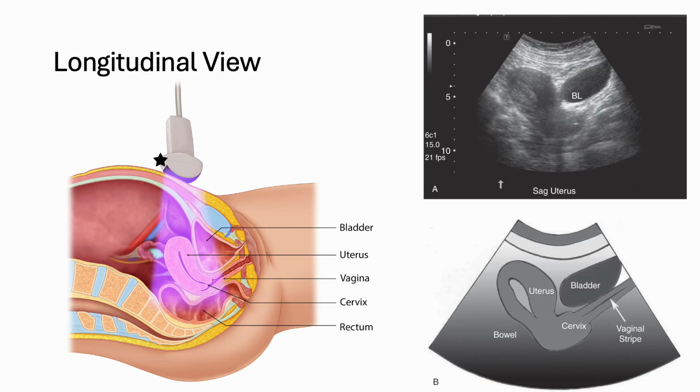And so again, remember how I said that the top of the image is the patient's head, and the bottom of the image is the patient's feet. So you can see the bladder, of course, would be above the cervix, and so that would show you that you're in the right position, and that's the view that you're going to get with this placement of the probe.